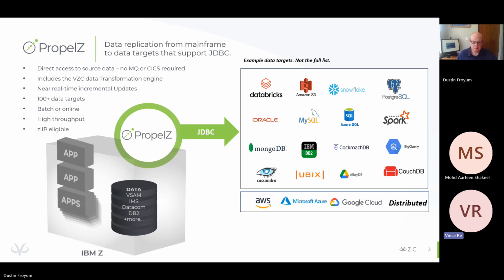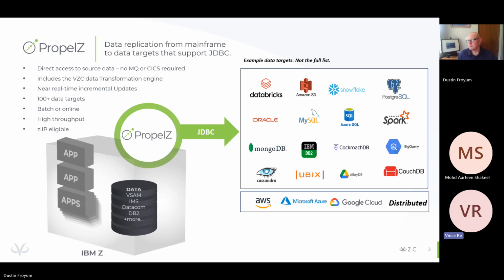The middle part, or the processing engine in PropelZ, is mostly about things like data transformation. So I might have a VSAM file and records on that file, but it may not be doing me a lot of good in that format. I may need to transform them to rows and columns for a database, or in this example we're going to talk through today, probably more important than that, we use PropelZ's ability to transform that data into things like structured XML objects or JSON objects or CSV objects.